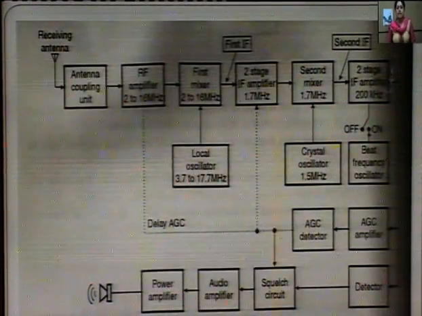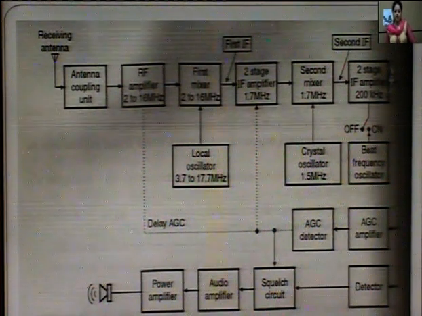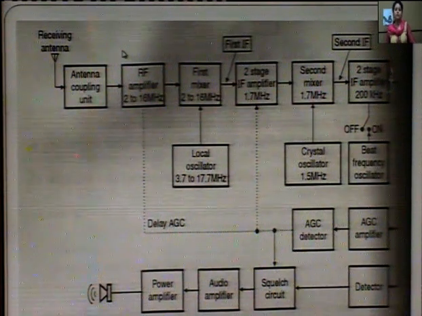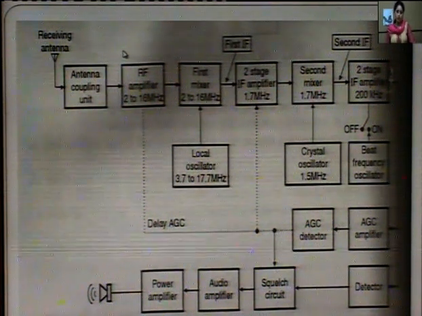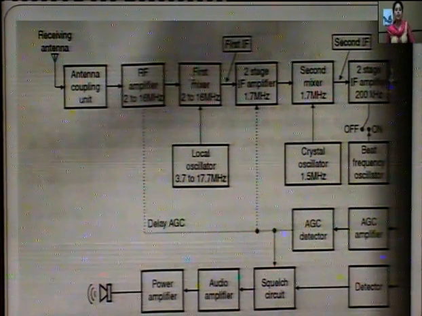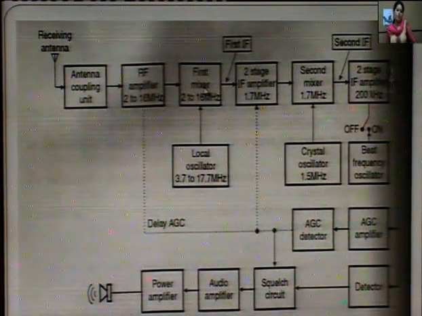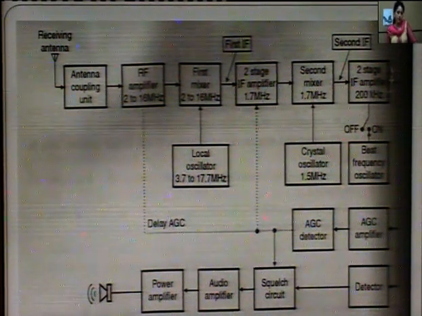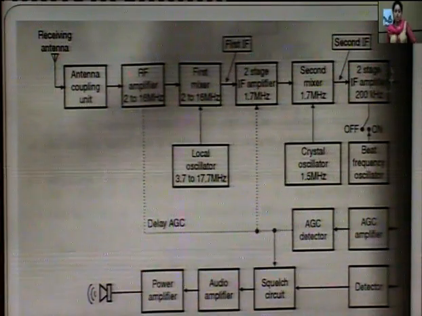Now this is the basic block diagram of your communication receiver. Here you can see what the differences are with respect to your superheterodyne receiver. In case of your superheterodyne receiver, you were having only one mixer, only one frequency conversion. But here, as we are having double conversion, you are having two frequency conversions, one for the higher IF and the second for your lower IF.